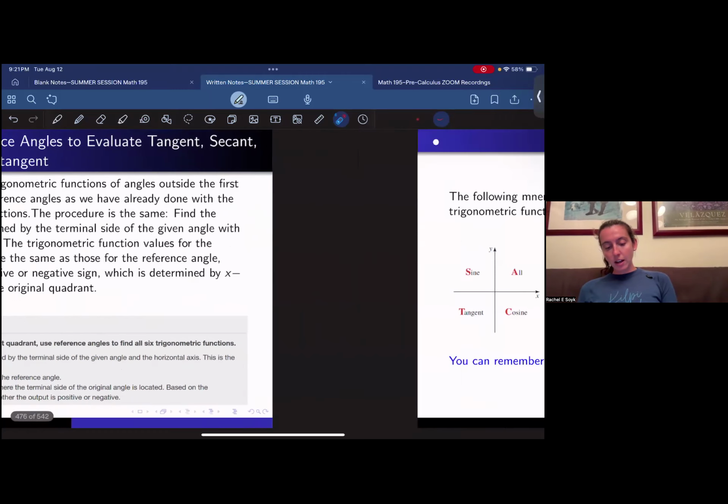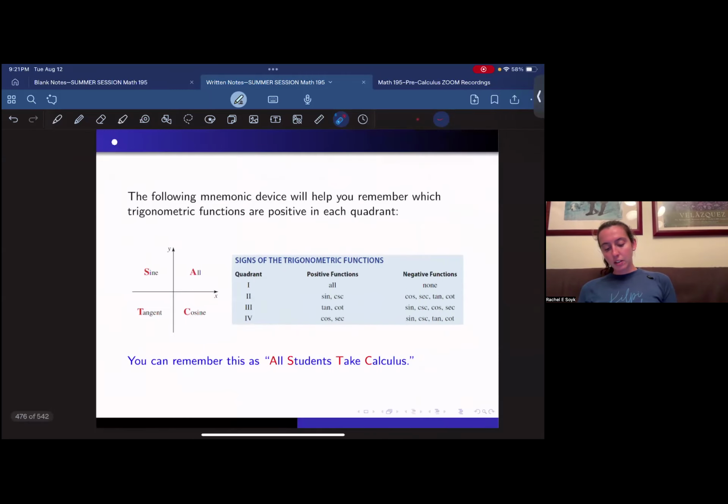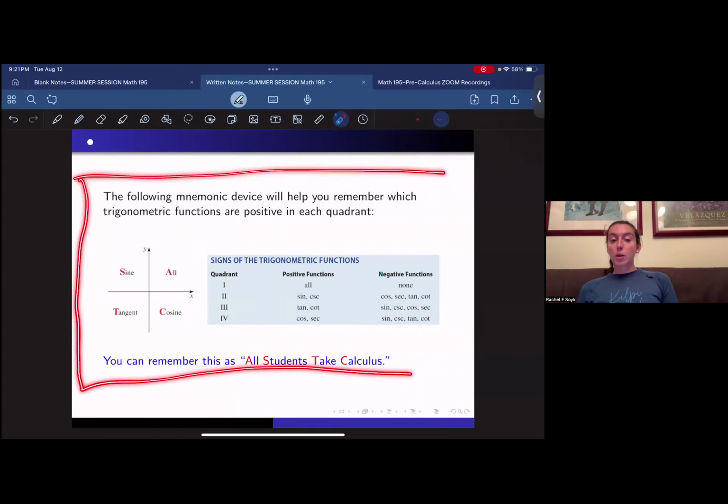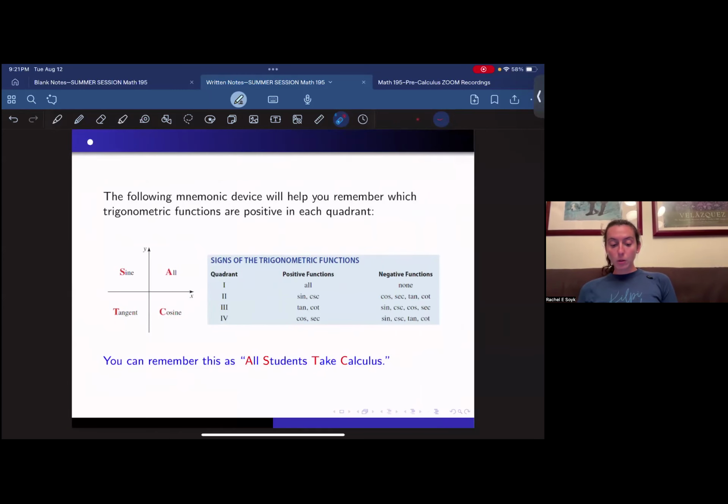This is another slide really formalizing where our certain trig functions are positive depending on our quadrant versus where they are negative. I highlighted this a little bit in our last lesson or 2 lessons prior, but once again, all students take calculus is the acronym to remember this.